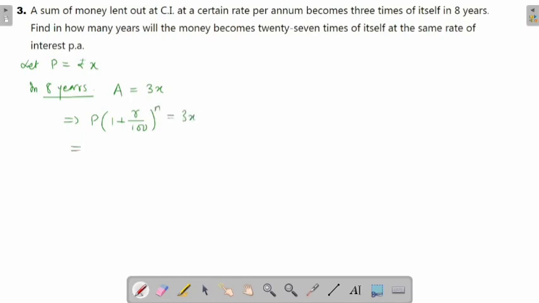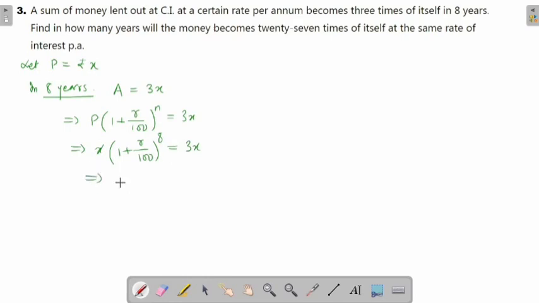Here P is x, and we have 1 plus r by 100. Do we know the rate? We don't know. What is n? Time is given to be 8. So this is 3x, and now x and x get cancelled.